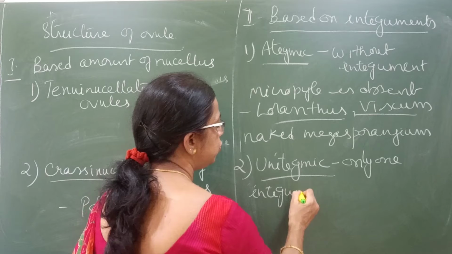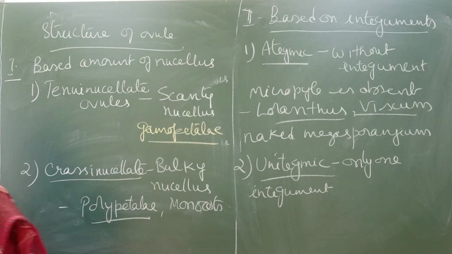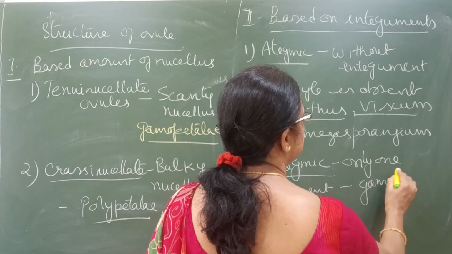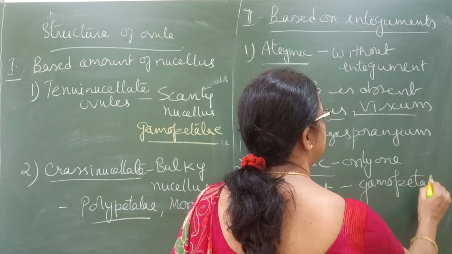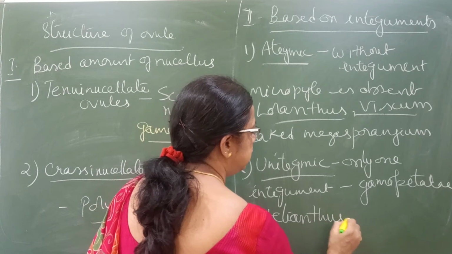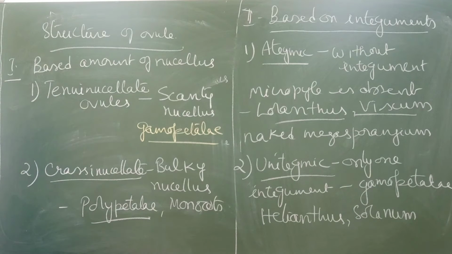You find unitegmic ovules in members of gamopetalae, and you can give the examples of Helianthus and Solanum.